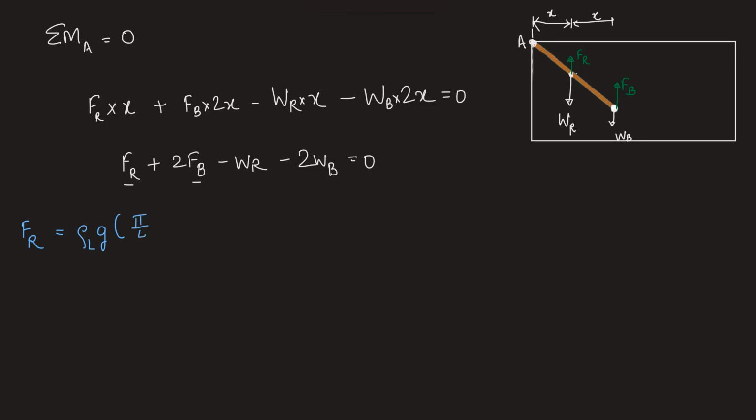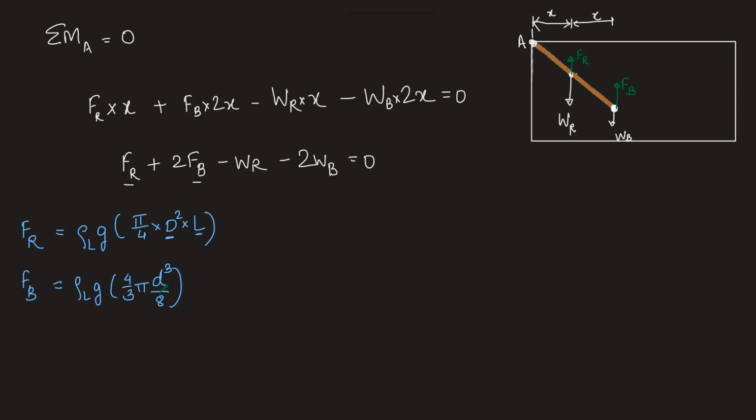So we have pi by 4 into capital D square into L. Capital D is the diameter of the rod and capital L is length of the rod. Then we have FB for the ball will be equal to rho L into G into volume of ball, which will be 4 by 3 pi d cube by 8. So here small d we have taken as the diameter of the ball. We need to find out small d itself.